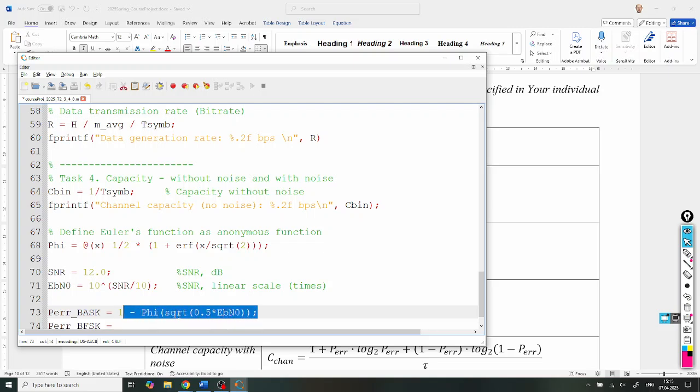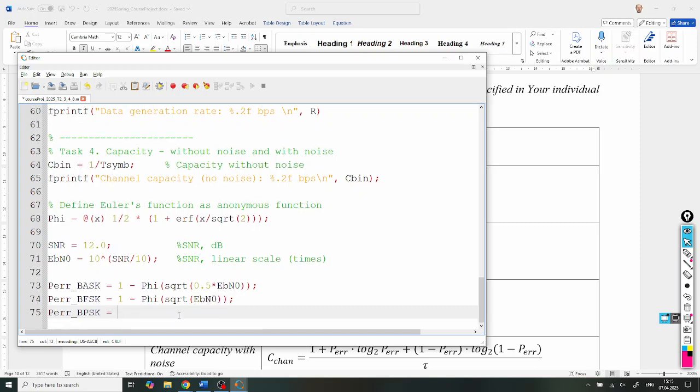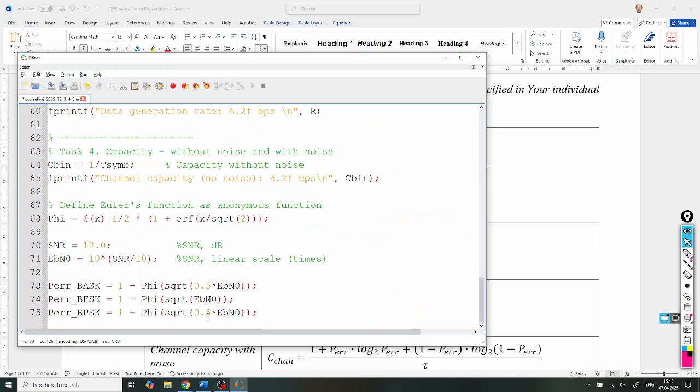Now for frequency shift keying, you have 1. Well, I'm just not going to write it. And for phase shift keying, you have double. Oh, sorry. Like so.